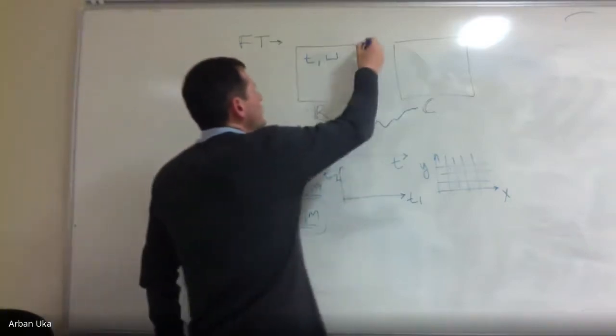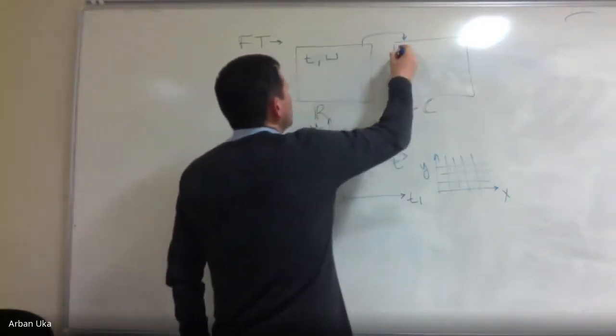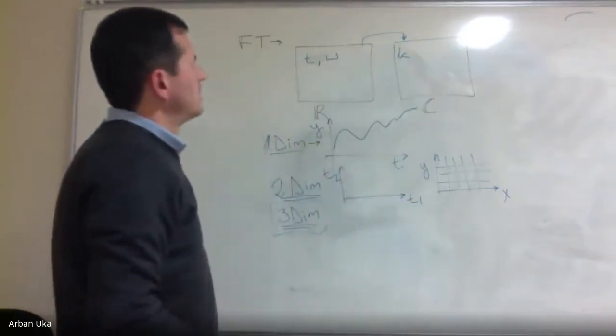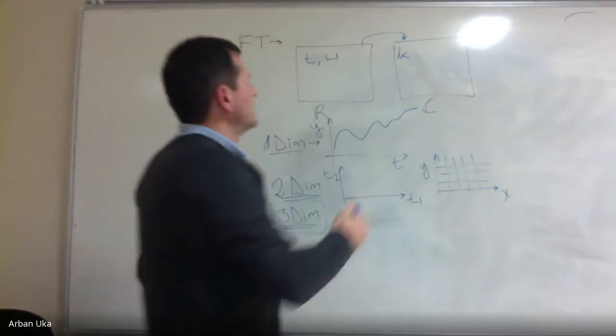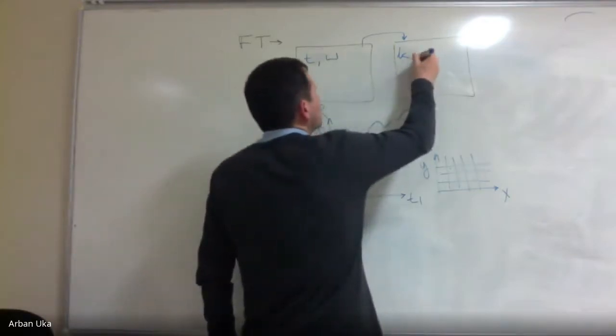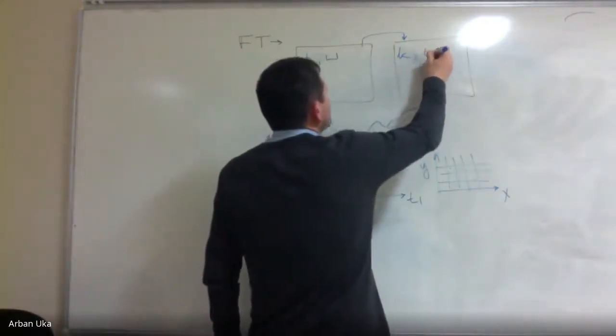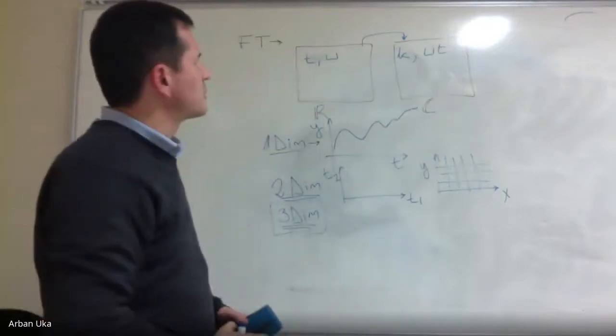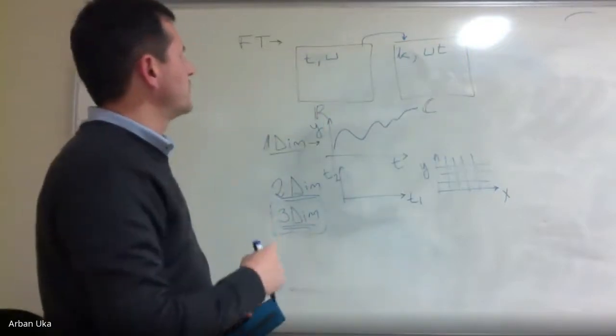If we take the Fourier transform, if we go to this new domain, we get a new axis, which is k space, and together with this k space, we can obtain Ut. Let's consider this as the Fourier transform of U.